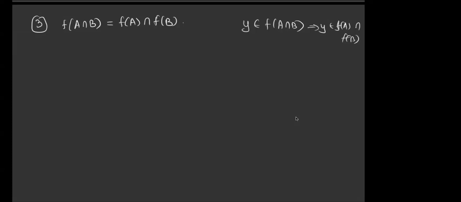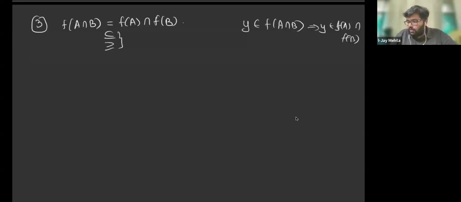If we show F of A intersection B as a subset of F of A intersection F of B, and F of A intersection F of B as a subset of F of A intersection B. Yes, that we have to do, check. So first we are showing this: F of A intersection B is a subset of F of A and F of A intersection F of B. Advait, do you have any other approach?